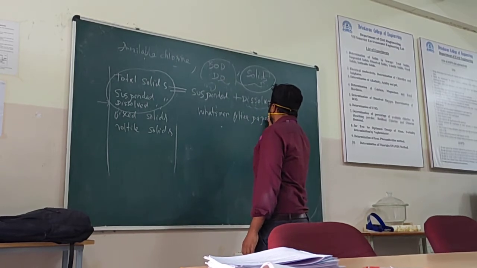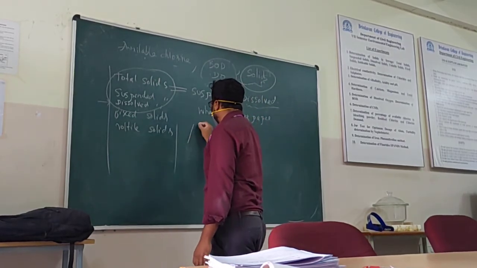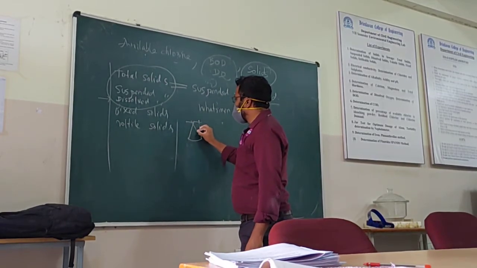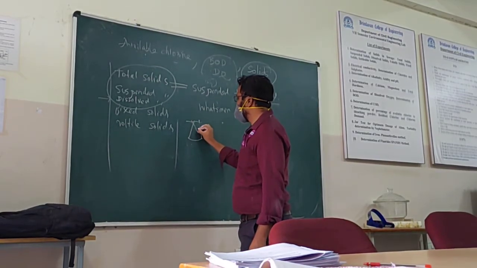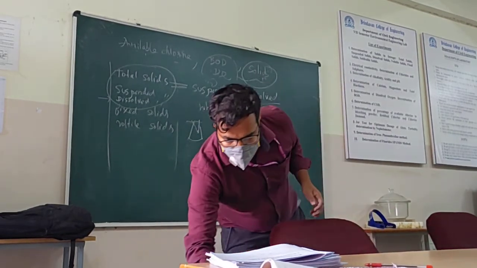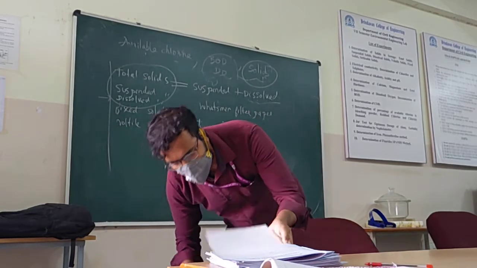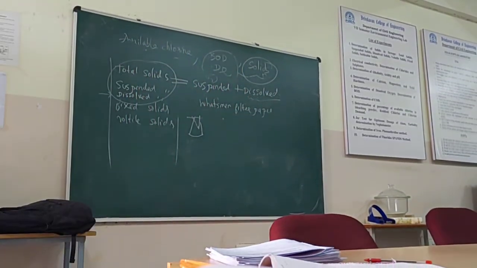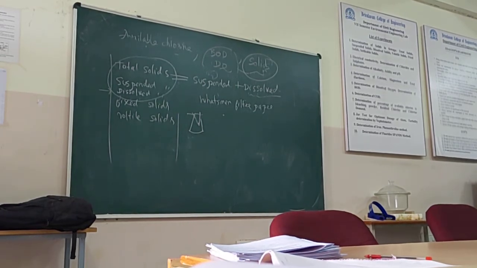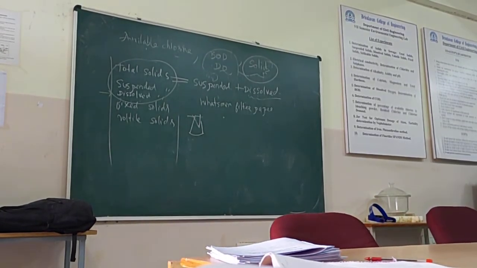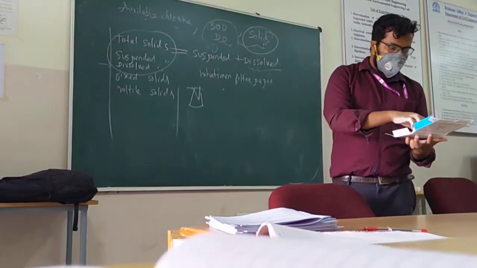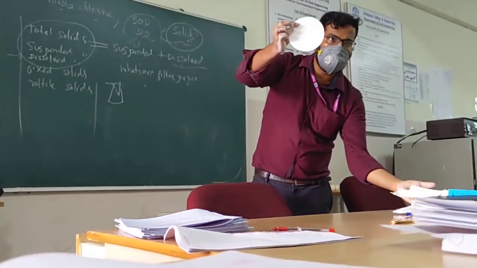So what we do here is we just take our conical flask. Some paper will be there, we will make it into a cone shape. I think it's there, I will show you. See, this is the paper we use. This is called Whatman paper.